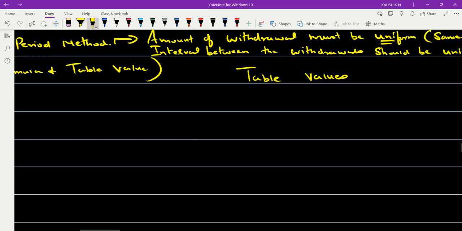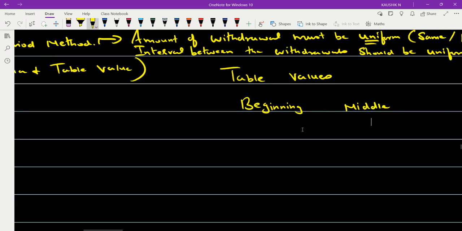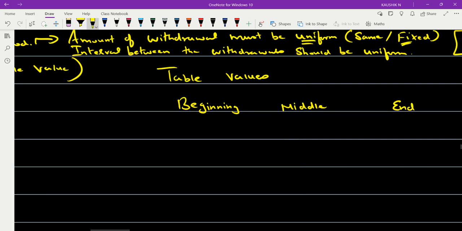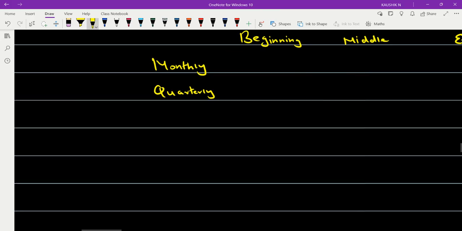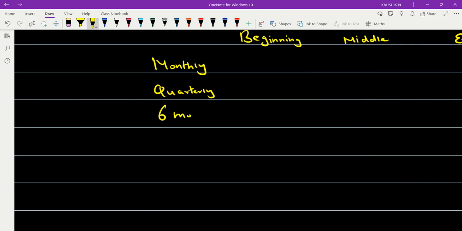You have to have three headings row-wise, that is beginning, middle, end. And column-wise, you should also have headings like monthly, quarterly, 6 months, half yearly, 9 months.